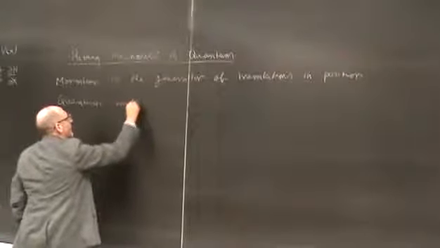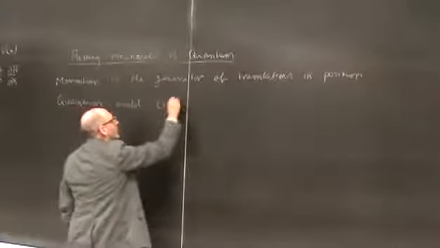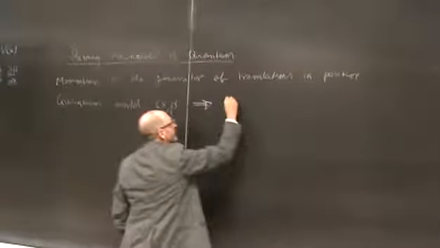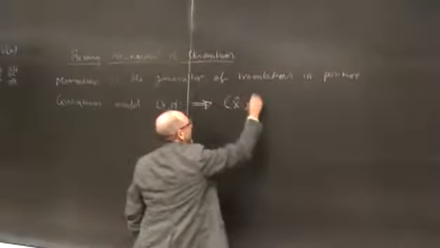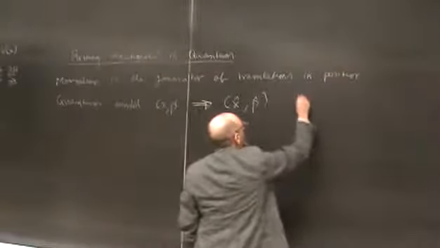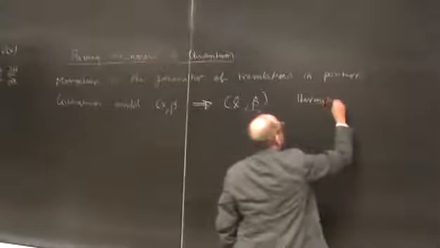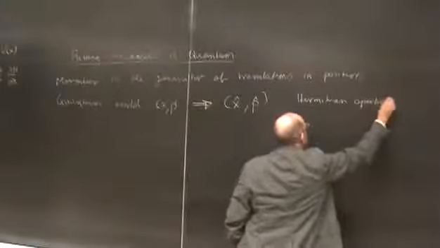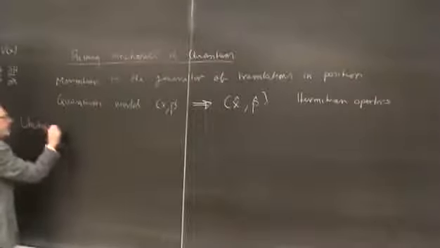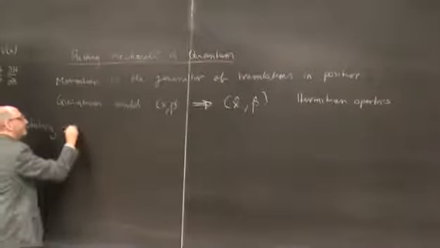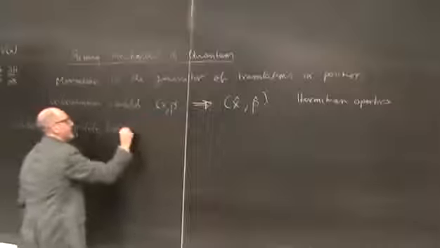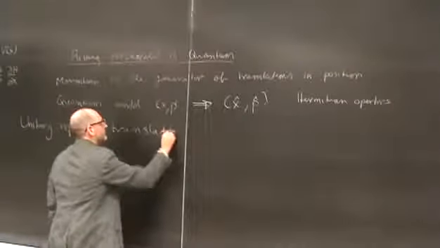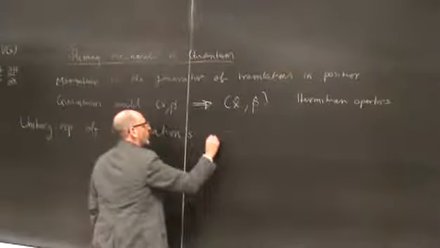Okay? So, now what that means is that if we're in the quantum world, now we have x and p canonical coordinates become observables, x hat and p hat. These are Hermitian operators. And there is a unitary representation of translations in space or in position.